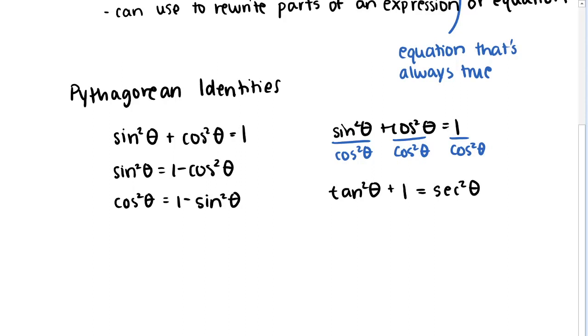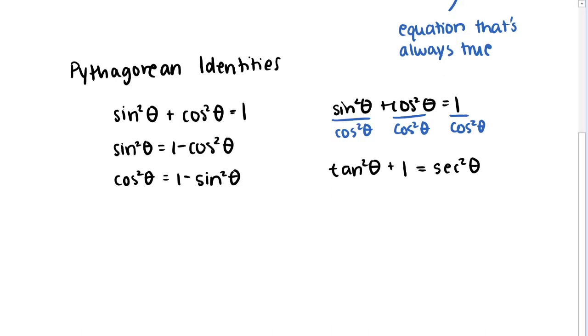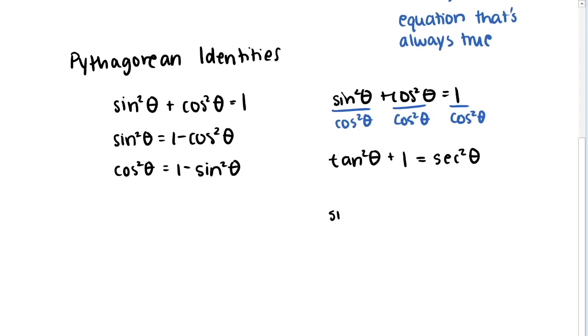So this is another Pythagorean identity. It shows up a little less frequently than the other three, but it's still one to have in mind. One last one I'd like to include: we have that same Pythagorean identity, sine squared of theta plus cosine squared of theta is equal to 1. Here we divided both sides by cosine squared of theta, but we could just as easily have divided both sides by sine squared of theta.